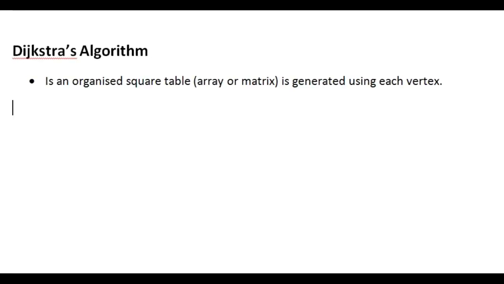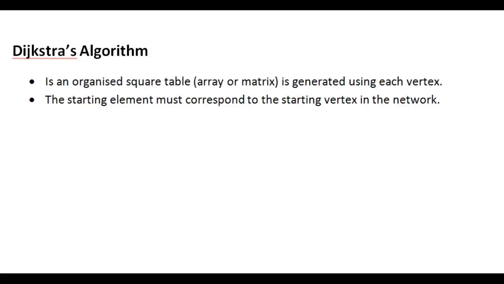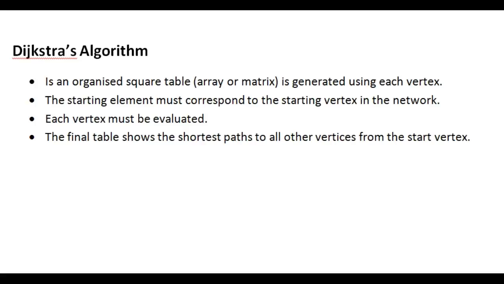It's an organized square array or table or matrix, and we generate this table using each vertex. The first element or starting row must correspond to the start vertex in the network we're interested in. Then we evaluate each vertex. The final table shows the shortest paths to all the other vertices from this start vertex.